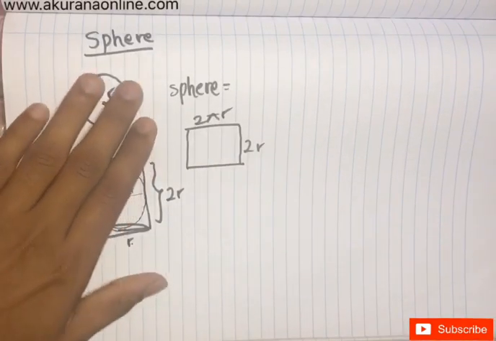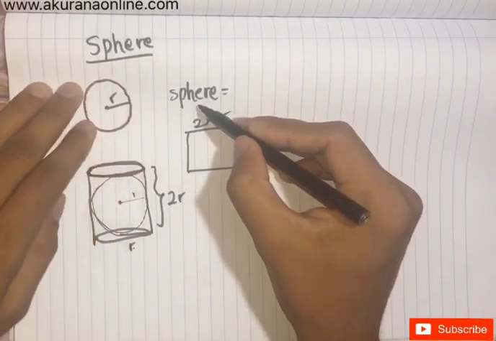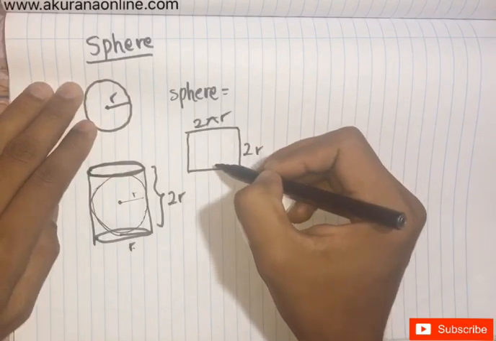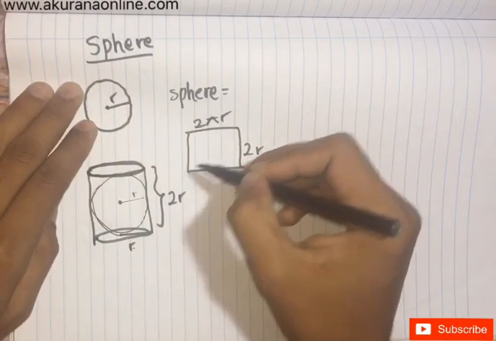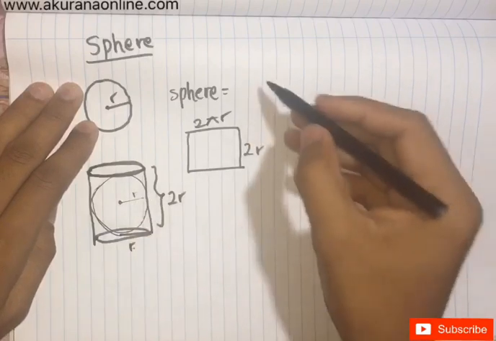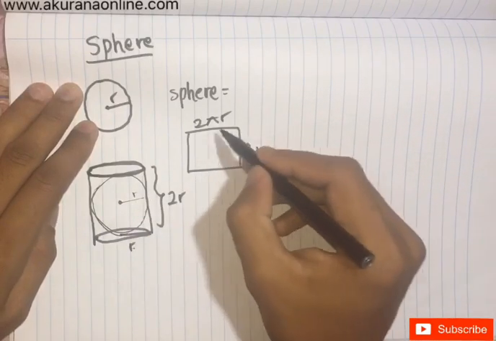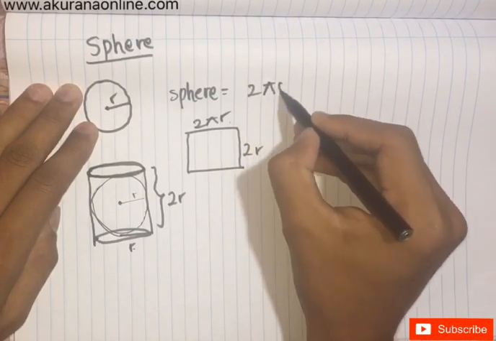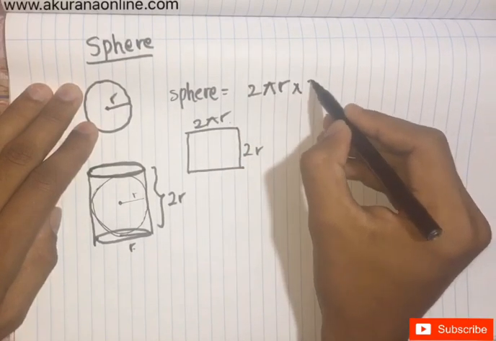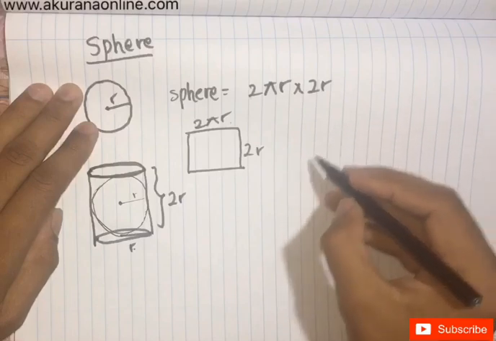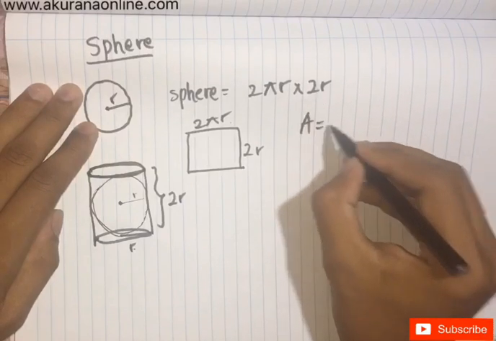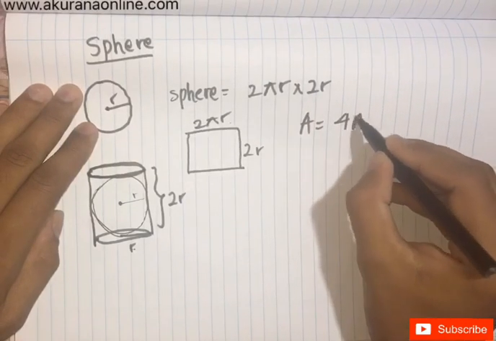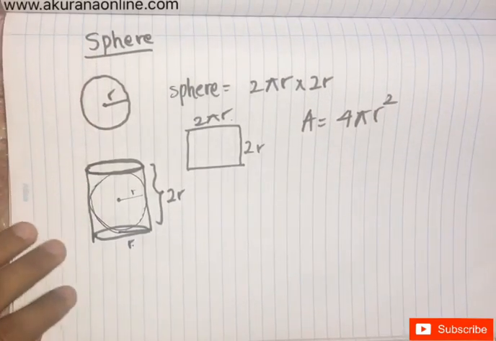Therefore the surface area of the sphere is equal to the curved surface of the cylinder. To find the total area, you multiply length into breadth. Let me multiply 2 pi r multiplied by 2r. The area is equal to 4 pi r squared. Are you clear with this?